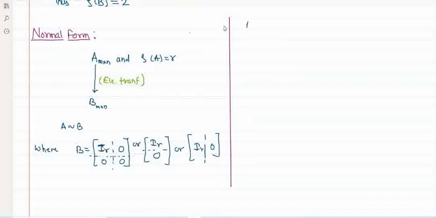Suppose I consider a general matrix A. The first row is a11, a12, dot, a1n. Second row, a21, a22, dot, a2n. Continue, and suppose the last row is am1, am2, dot, amn.